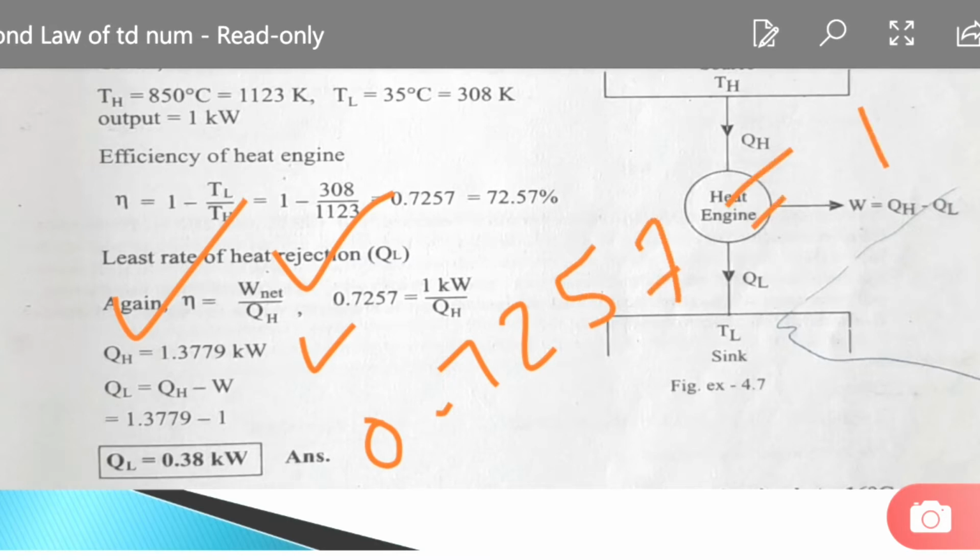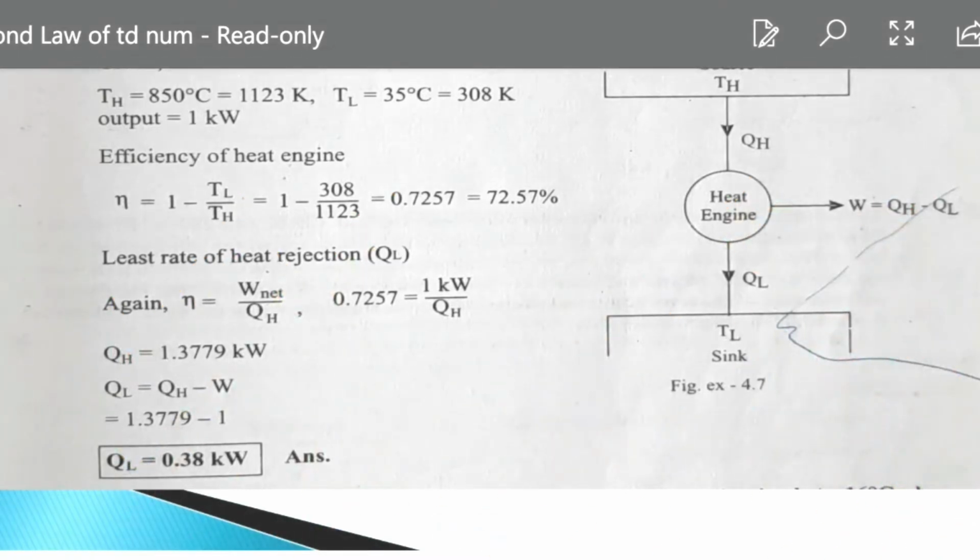Work done is 1 kilowatt, divided by heat supplied QH. Now QH equal to 1.3779 kilowatt.